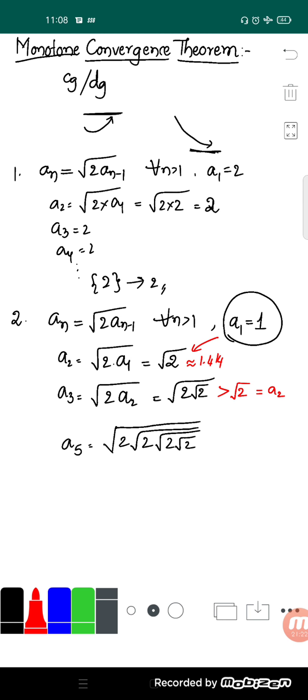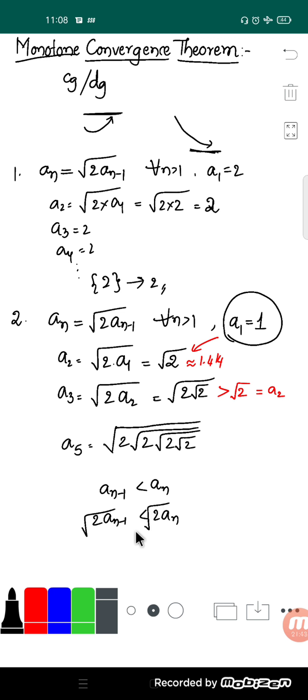If this continues, assume that a_(n-1) is less than a_n. Multiply both of them by 2. Since both are positive, you can take the square root. This is nothing but a_n, and this is nothing but a_(n+1).